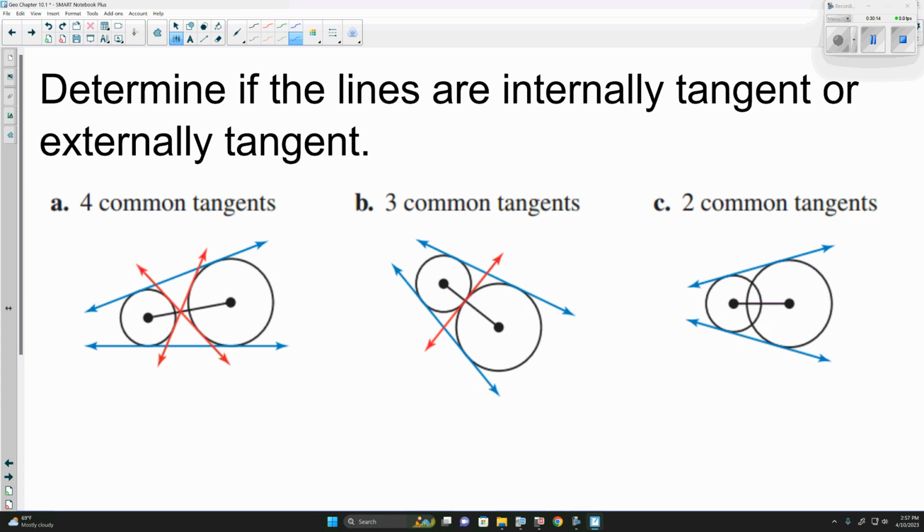Now the first one, we have 4 common tangents. We have 2 that are external, 2 that are internal. And this is with no intersections. The circles are not intersecting each other. If we have 1 point of intersection, we have 3. We'll have 1 internal, the line that actually connects those 2, and the 2 external.